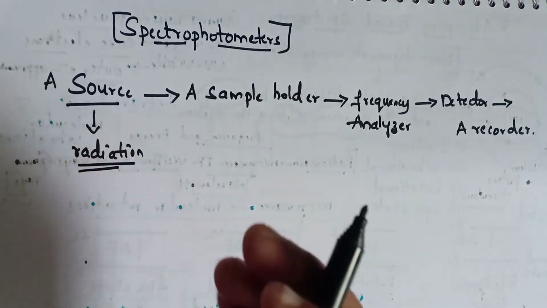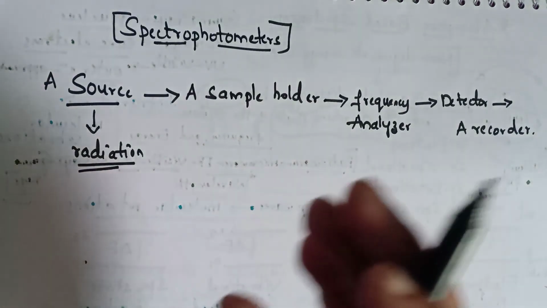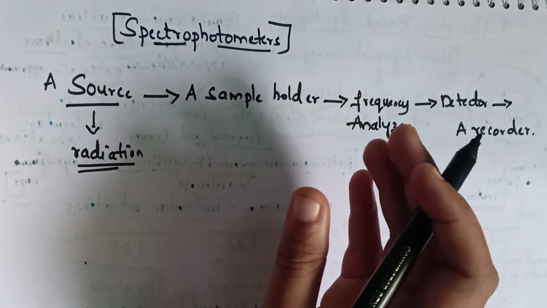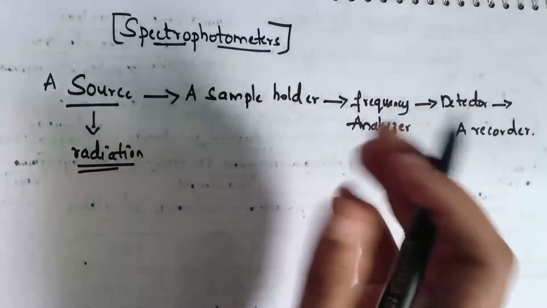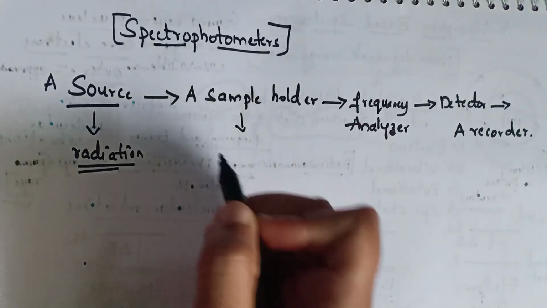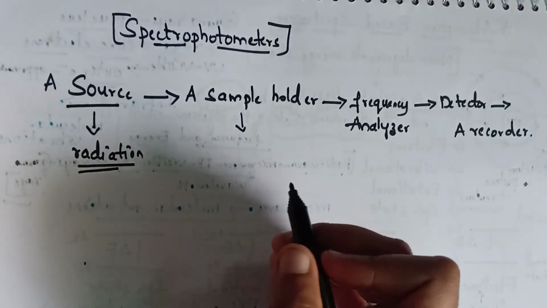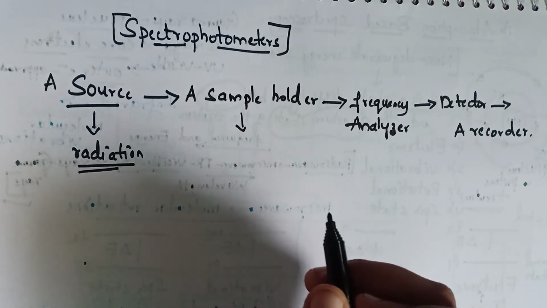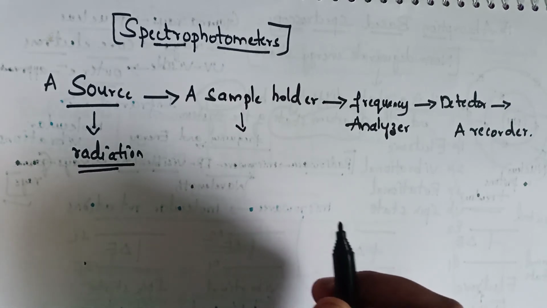After a source, that is after a radiation, there will be a sample holder. That means this sample holder holds the compound under study. This sample holder will permit the efficient irradiation of the sample.